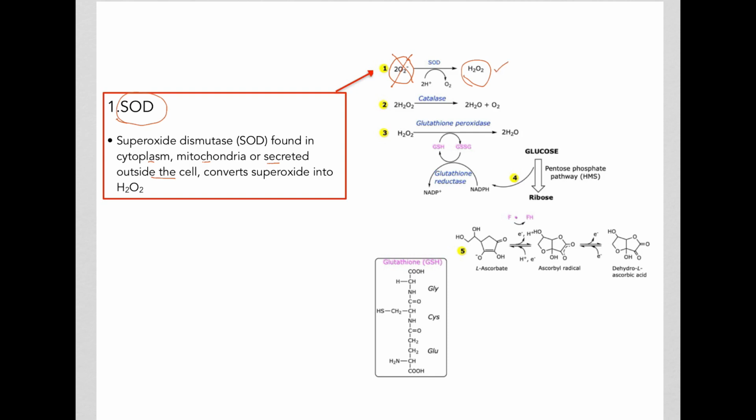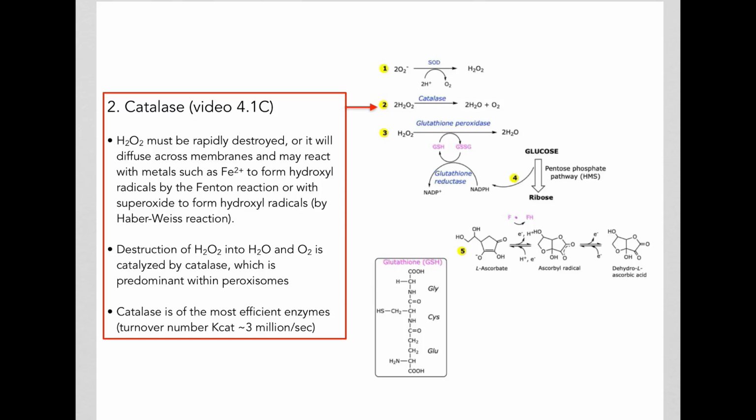However, remember this H2O2 is a dangerous chemical too. So this H2O2 that is produced here or elsewhere must be rapidly destroyed because it very readily diffuses across membranes and then reacts with metals such as iron to form a more dangerous hydroxyl radical by the Fenton reaction, or it may react with superoxide to form the hydroxyl radical by the Haber-Weiss reaction that we talked about earlier in phagocytosis.